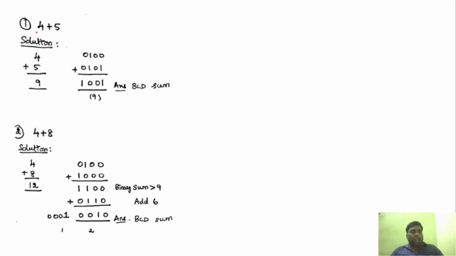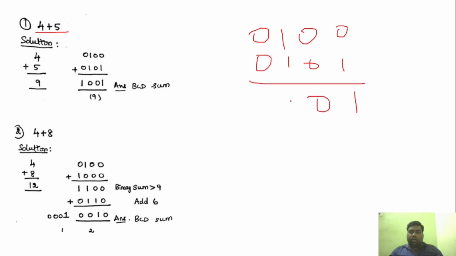Now you can see 4 and 5. We have to add 4 and 5. How will you represent 4? You represent 4 as 0, 1, 0, 0, and 5 as 0, 1, 0, 1. If you add them, it is 1, 0, 0, 1.